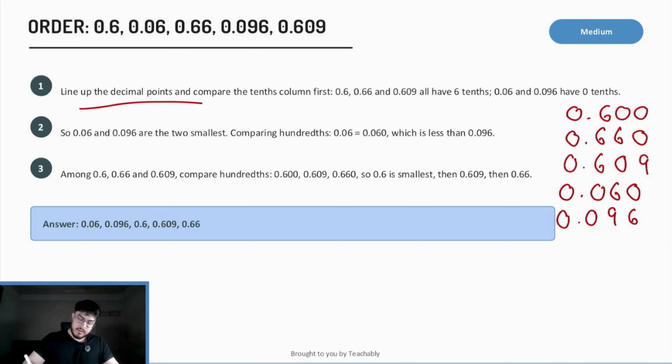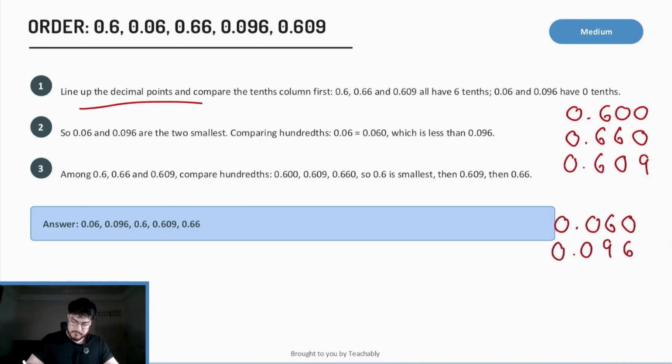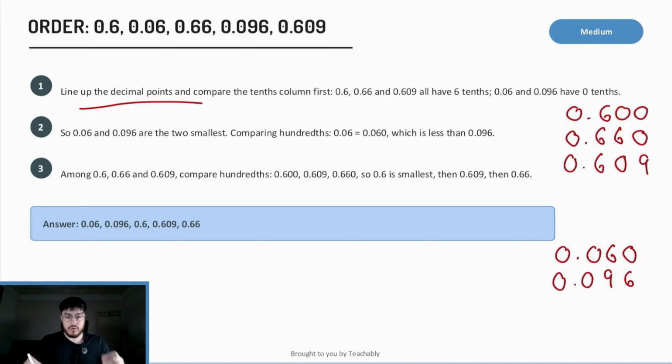Well, then we look at the second column. So if we just split this up a little bit, right? In this second column, what has a digit and what doesn't? We can clearly see that in this second column, this is the only decimal that has a digit there. The others have a 0 and a 0.